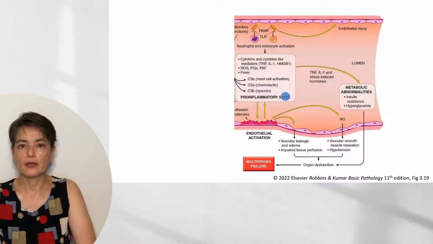We have the influx of our complement proteins to this pro-inflammatory state. TNF and IL-1 combining with stress-induced hormones are going to cause these metabolic abnormalities. So insulin resistance, hyperglycemia, and this is in the case of shock. You can go on to multi-organ failure. And this can also be pro-inflammatory through the action of endothelial activation.